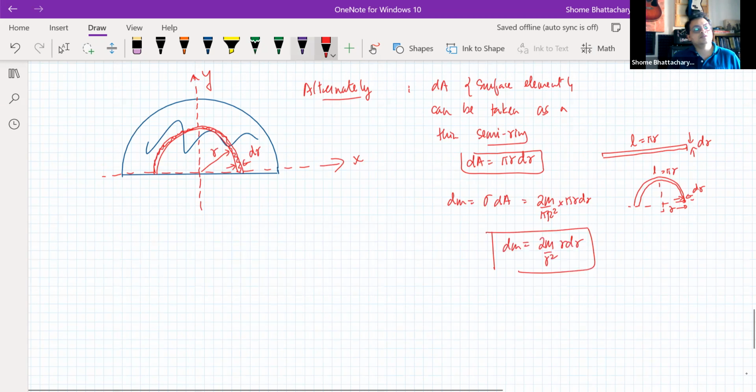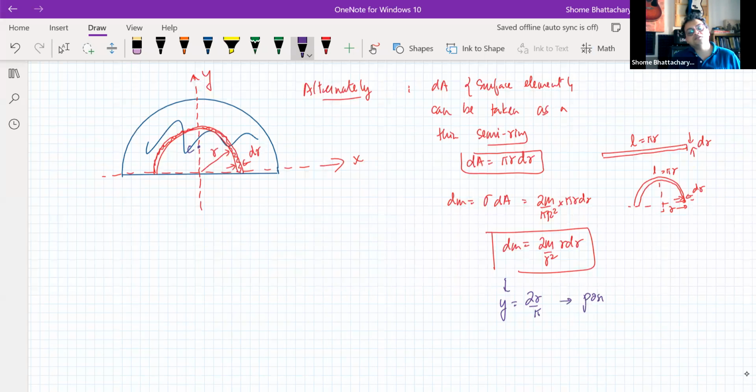Now this semi-ring's own center of mass is located here. So that we'll take as the y coordinate, and that is 2r by pi. This is the position of the semi-ring's center of mass, not the semi-disk center of mass.